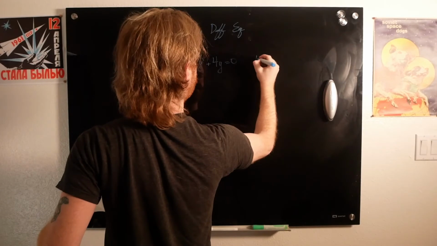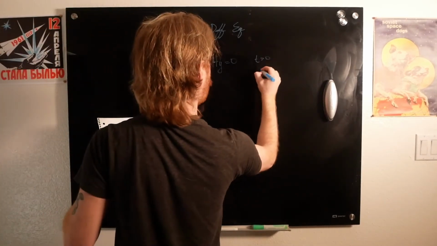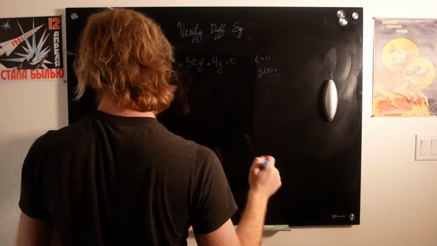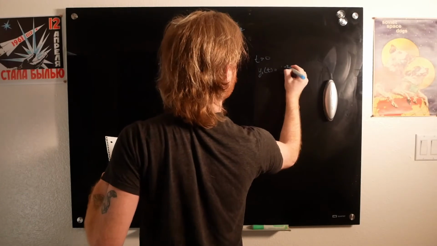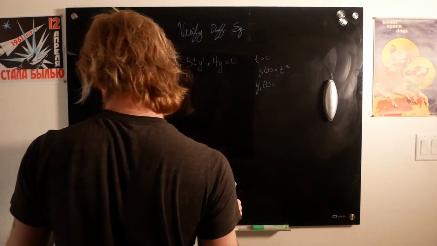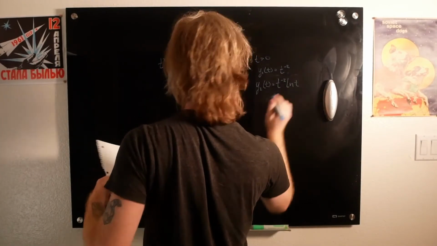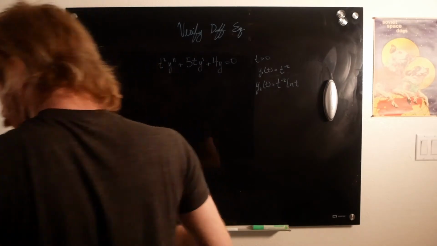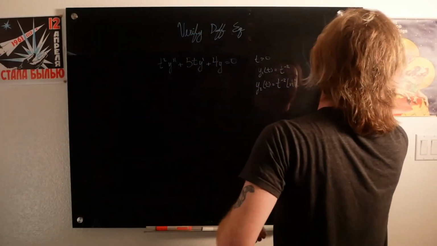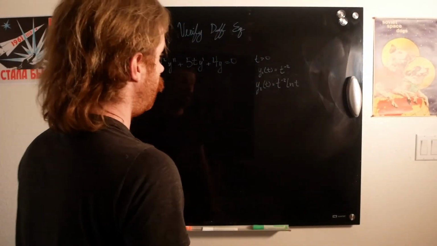So all values of t are greater than 0. We have y1 of t equaling t to the negative second power. So now what we can do is take the derivatives, right?